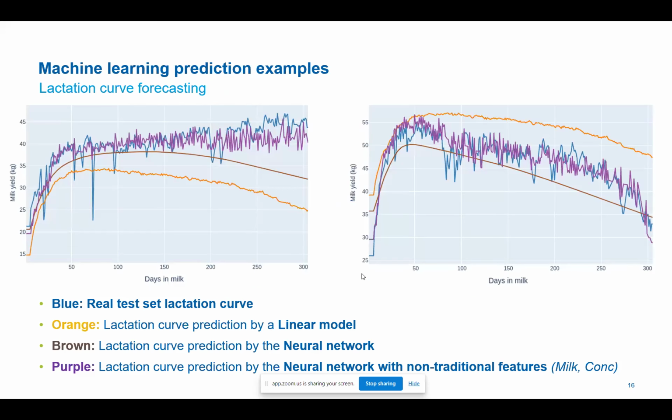You may now wonder what a prediction looks like with machine learning. So for a never-seen bovine, what is the prediction performance on a real lactation curve? These two plots show it. The blue curve is the real lactation curve that was never observed during training, but we use it just for testing purposes.